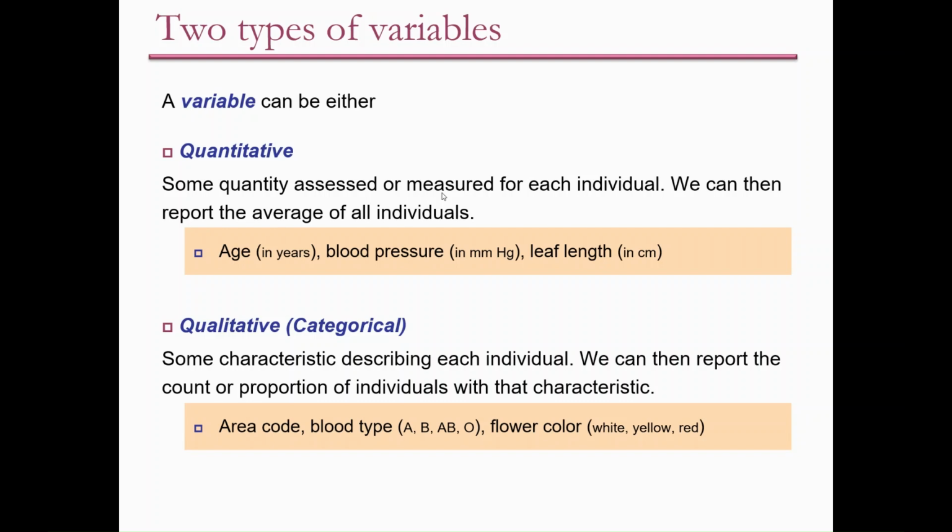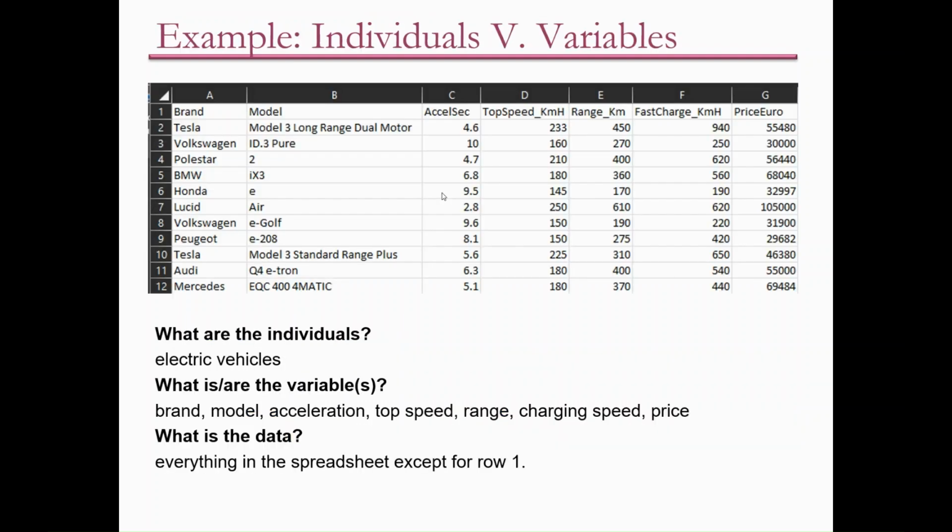All of the ones that are numbers, like 4.6, 10, 4.7, 6.8, 9.5, are quantitative, versus the ones that look like descriptions, which we'll call qualitative or categorical.